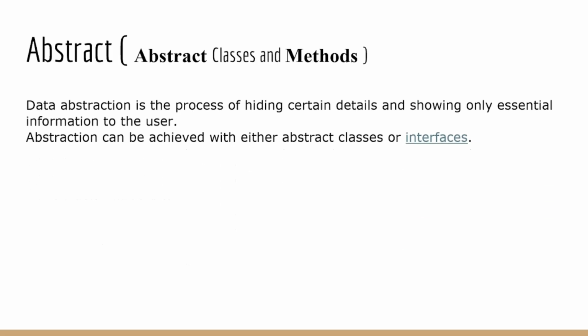For example, when should we use abstract? Suppose I have an employee class, and each employee has an id, created at, updated at, that is basic information.